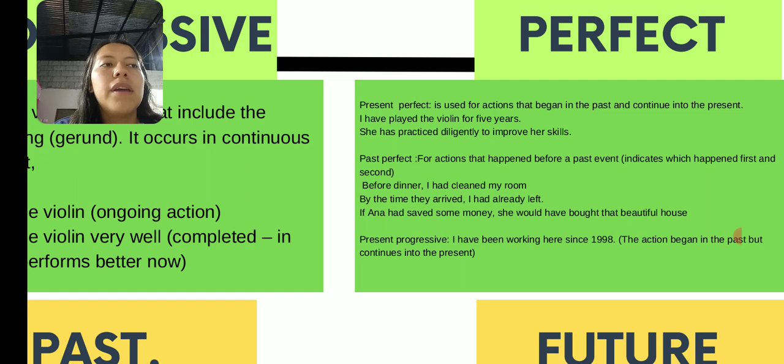It depends if the sentence is in the plural or singular, or the third person or the second person. And it's important to remember that in the present perfect we use the verb in the past participle.